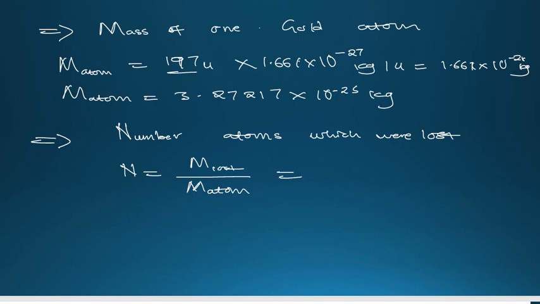The mass lost is the one which we found in the first place, 0.45 times 10 to the power negative 3 kg, over the mass of an atom, which we have just solved here.